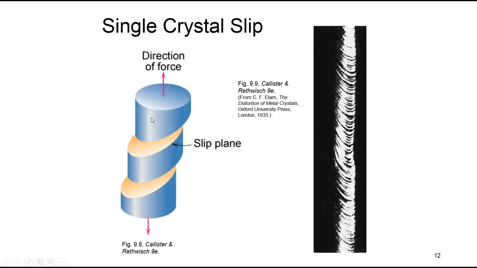For a single crystal under stress, deformation is as shown here. The slip occurs along a number of equivalent and most favorably oriented planes and directions at various positions. So that's why you can see these steps showing on the surface of the material which is under tension.